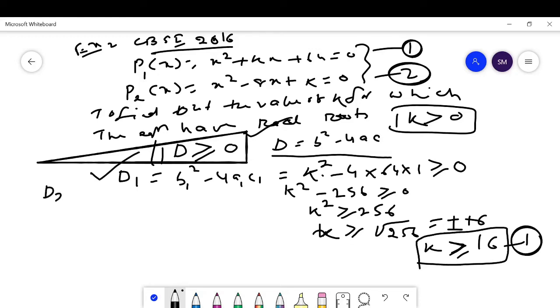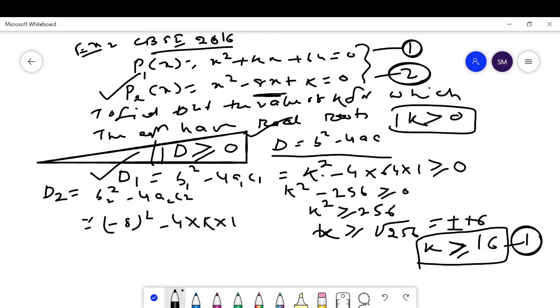Then find out d2 of equation 2. d2 is equal to b2 square minus 4a2c2. Here b2 is minus 8, whole square, minus 4 into k into 1. As this has real roots, it means it is greater than or equal to 0.